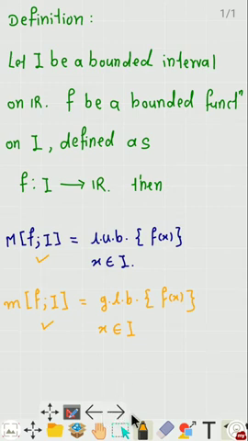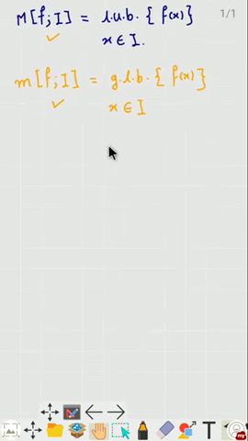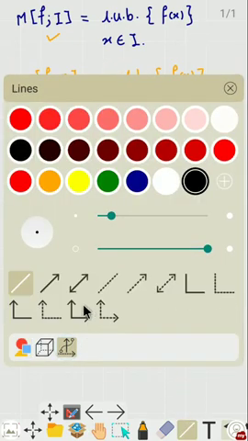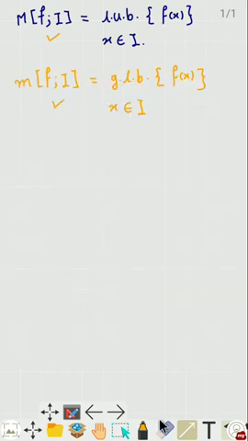So graphically we denote these two, the least upper bound and greatest lower bound, like this. Let us draw a simple graph now.